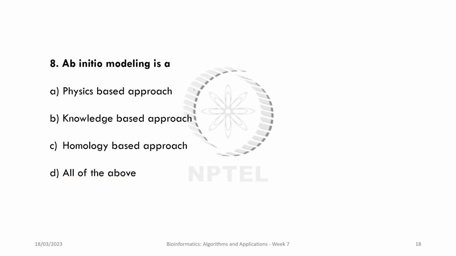Question 8. Ab initio modeling is A, a physics based approach, B, knowledge based approach, C, homology based approach, and D, all of the above.